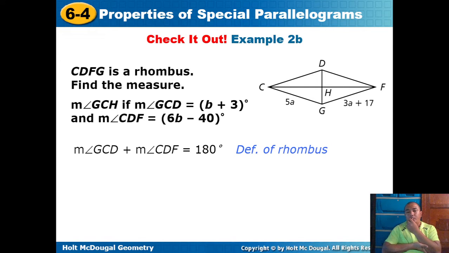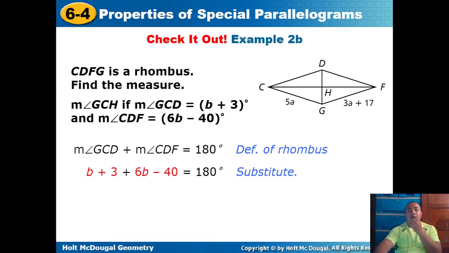Okay, definition of rhombus. Measure of angle GCD plus measure of angle CDF is equal to 180 degrees. Properties rin yan ng parallelogram. Consecutive angles are supplementary. Measure of angle GCD is given, b plus 3. Yun naman CDF, 6b minus 40.